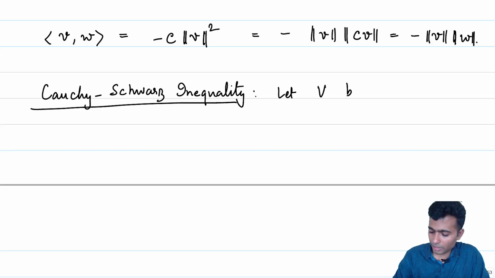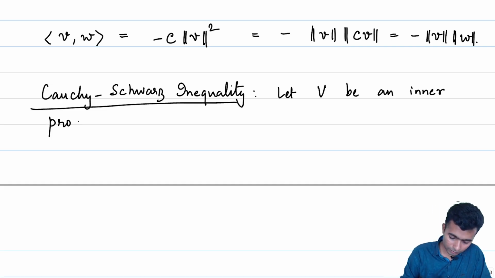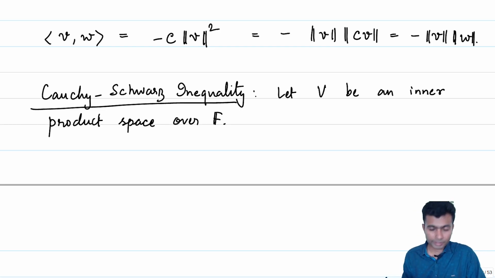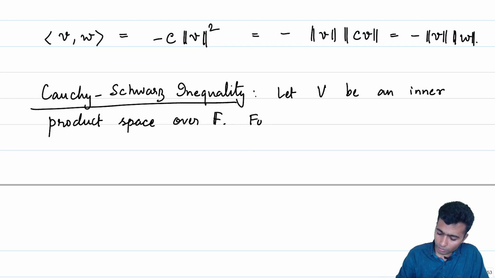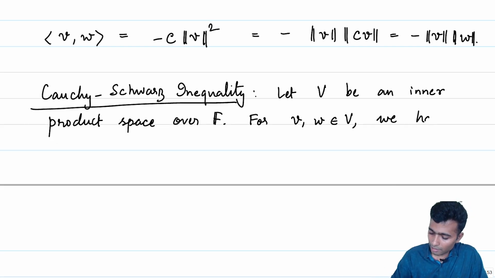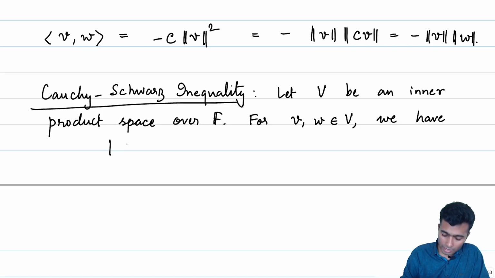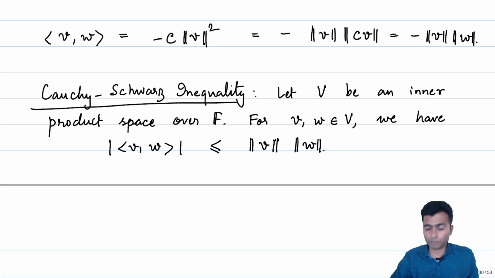So let V be an inner product space over F. So we are not saying this just for vector spaces over R. This can be concluded for vector spaces over C as well. For V, W in capital V, we have the absolute value of the inner product of V comma W is less than or equal to the length of V times the length of W. So let's look at a proof of the statement.